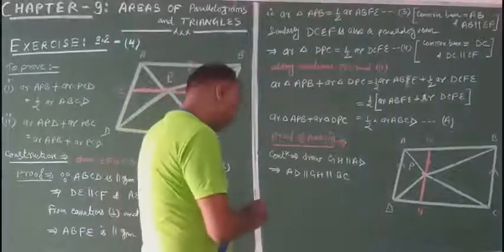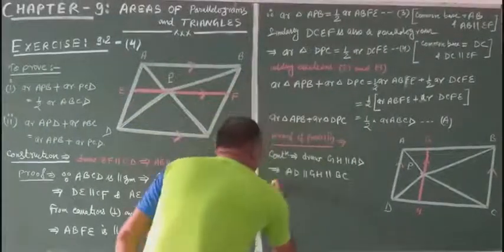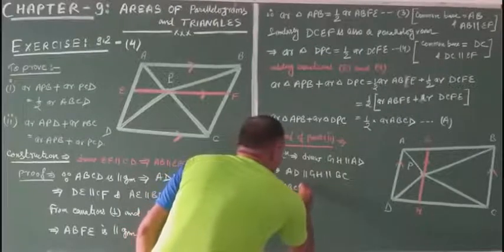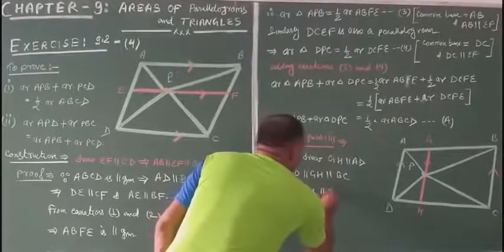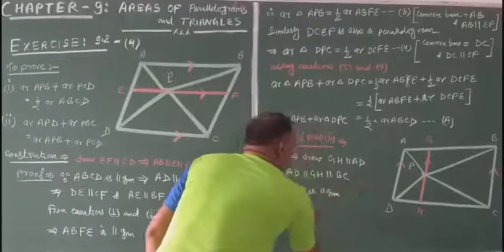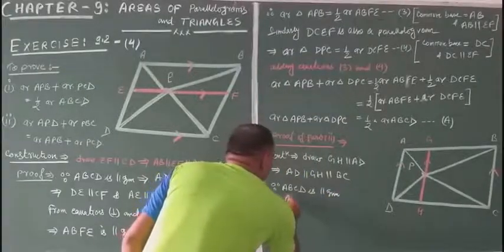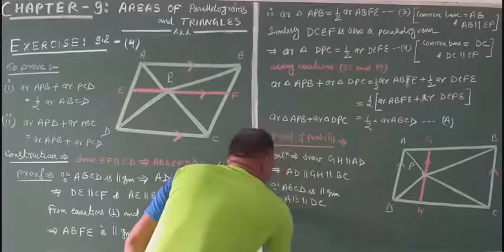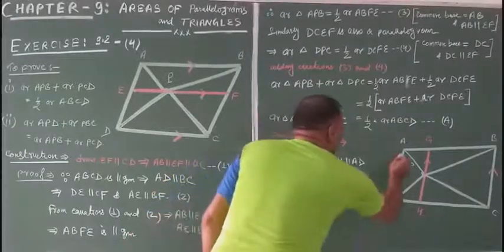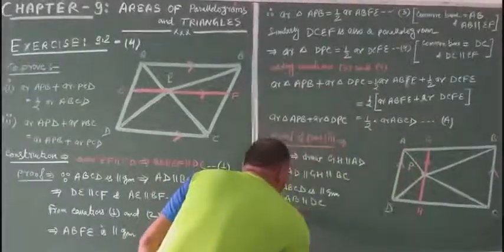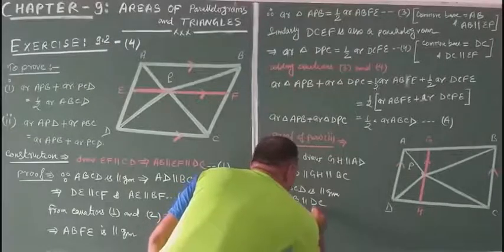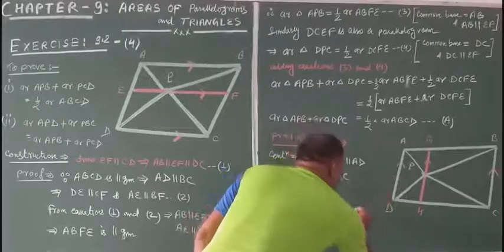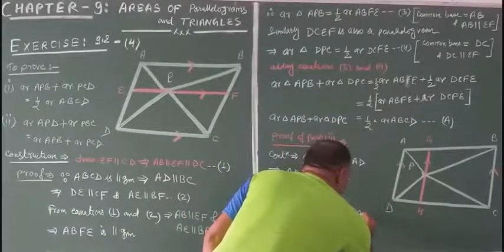Again, since ABCD is a parallelogram, therefore AB parallel DC. If AB parallel DC, therefore AG parallel DH and this GB parallel what?